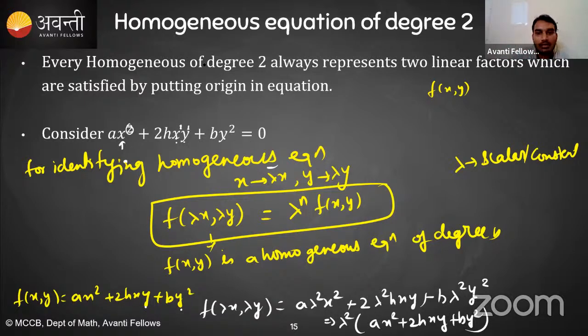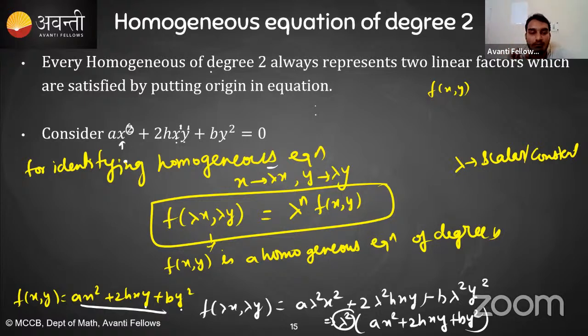Is this clear, students? How to identify a homogeneous equation? Everyone tell me quickly in the chat box. Just replace x with lambda x, y with lambda y. If you are able to segregate your lambda outside, with the remaining being f of x comma y, then you will say it is a homogeneous equation. Whatever the power of lambda is, that is the degree of the homogeneous equation. Lambda square means this equation is a homogeneous equation of degree 2.